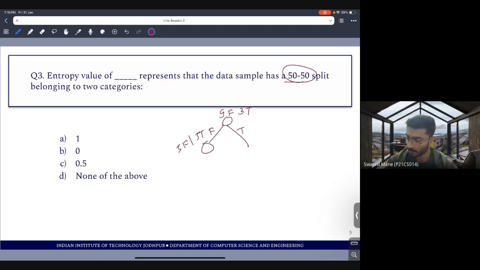So after F, the 10 samples come into this split, right? From these 10 samples, only 5 are F and 5 are T. The 5 are the students failed and 5 students are the passed, right?